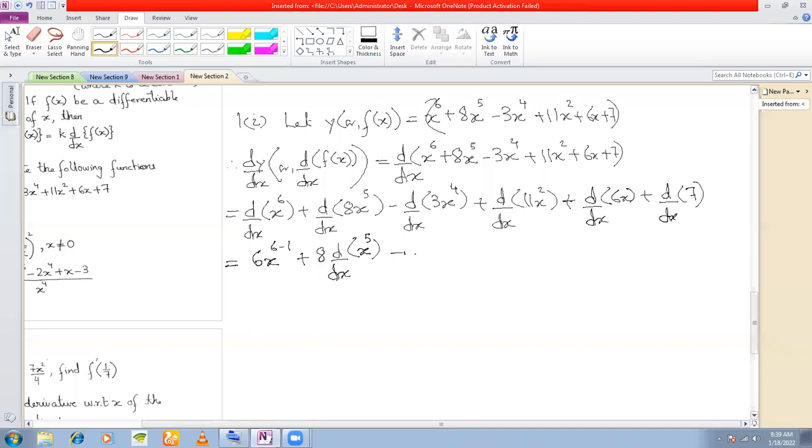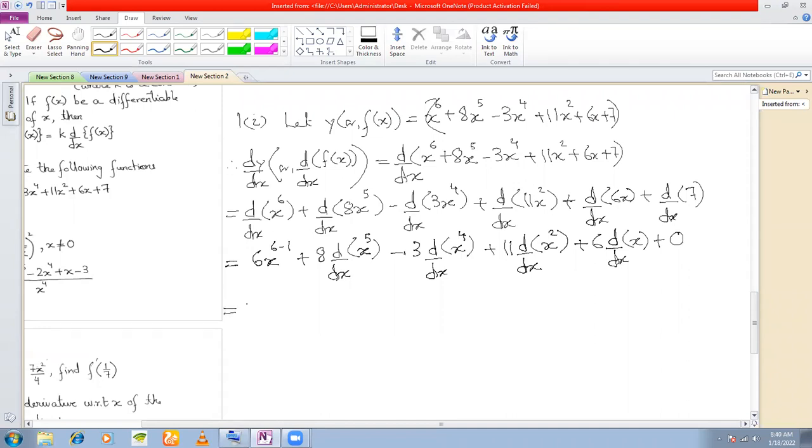Minus, 3 is a constant, you can take this out and write this as 3 d/dx x to the power of 4. Again, 11 is a constant, you can take this out and write this as 11 d/dx x square. Again, 6 is a constant, you can write this as 6 d/dx of x. And d/dx of 7 is a constant, differentiation of a constant is 0. Any question on this step?